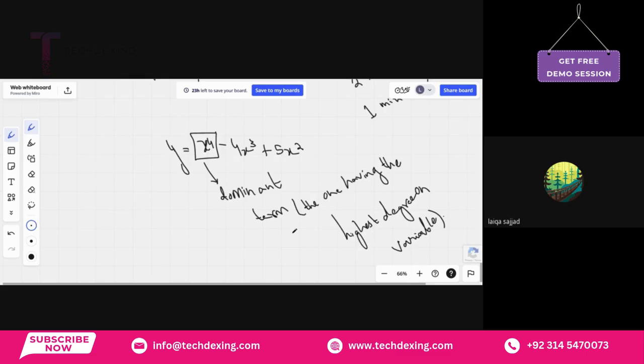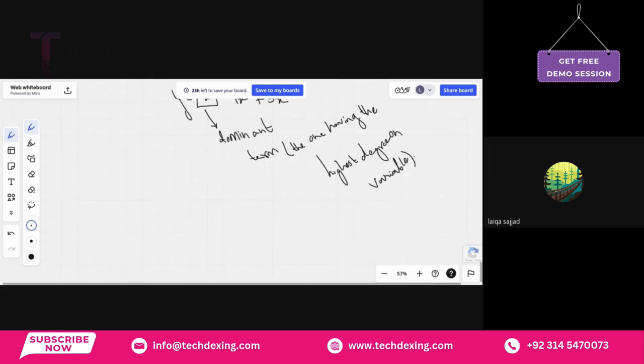On the variable. So whenever you are given any equation, you will first write down the dominant term separately, and you will analyze that dominant term. After analyzing it, you can see which type of graph you will get.